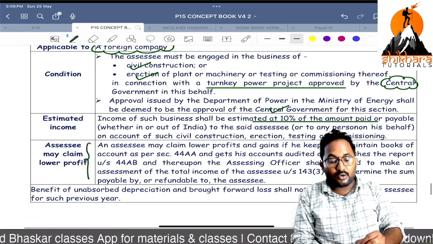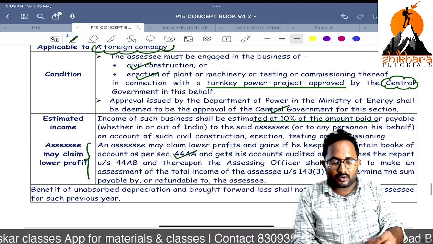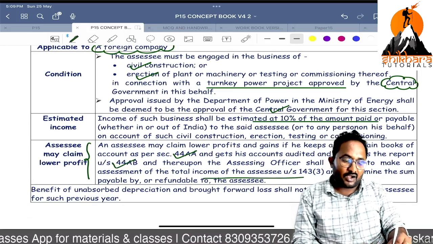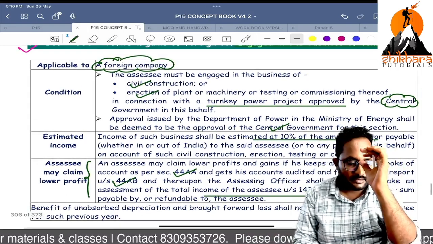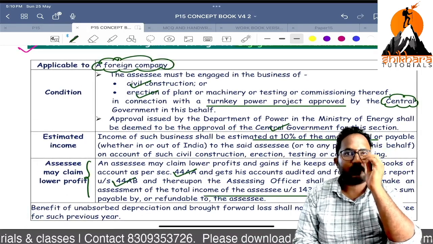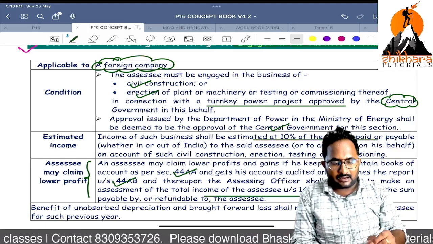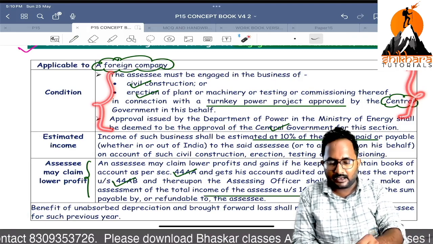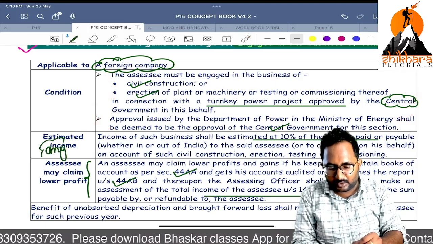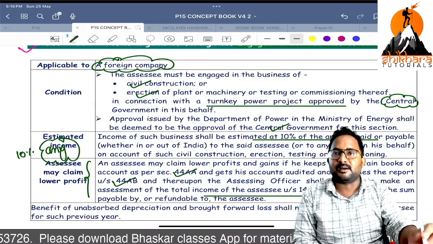You can declare lower than the presumptive income also, but you have to maintain books, a tax audit is also required, and scrutiny assessment is also possible. Here it is simply 10% of the amount, because the project is always constructed in India, so any amount can be included. On that amount we apply the rate of 10%.